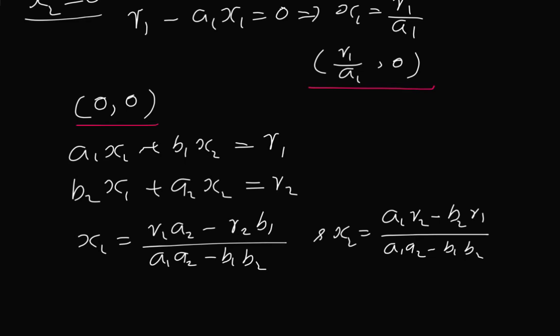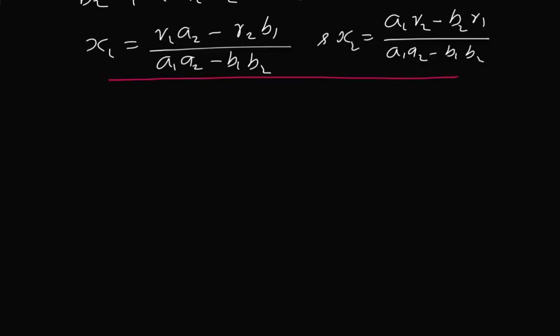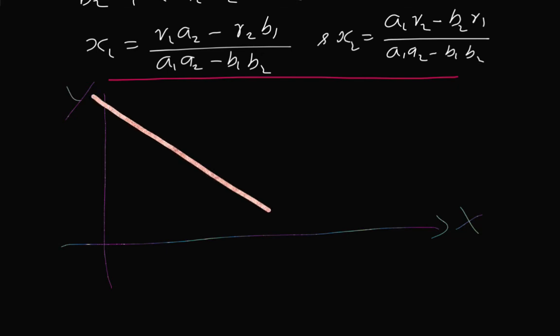So we actually have four points. Now if we draw a graph, this is the x-axis, this is the y-axis. We have two linear equations, a1 x1 plus b1 x2 equals r1, and b2 x1 plus a2 x2 equals r2. If we draw these two equations, you will get this.